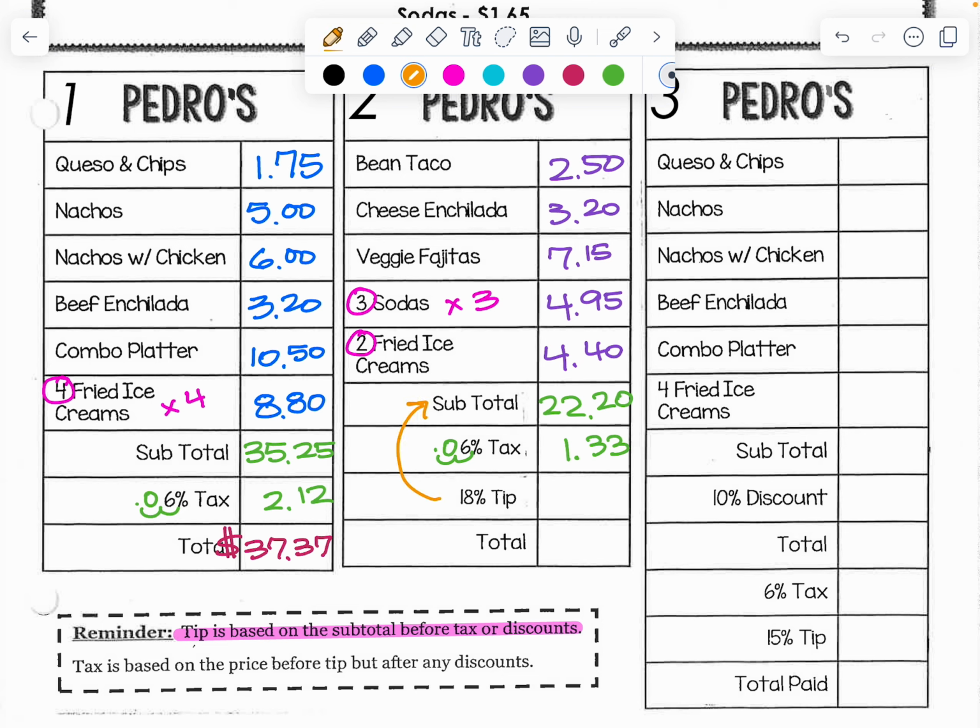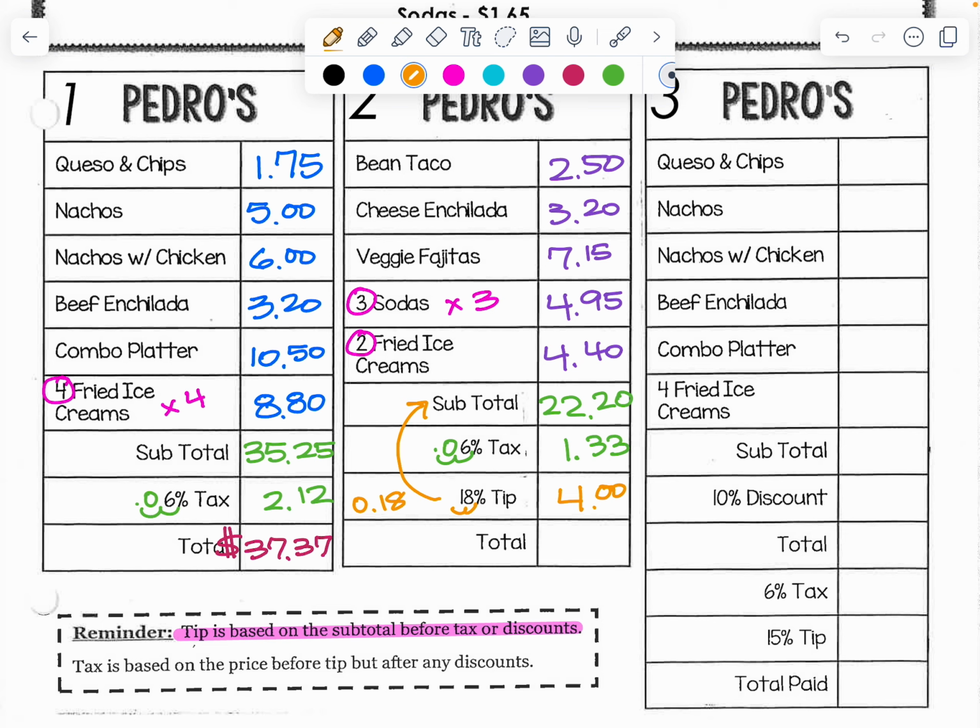Okay? So once again, we're going to change 18 to a decimal. Boop, boop. There it is. You'd have 0.18. We're going to multiply that on the subtotal. All right, that would be, we're going to tip them $4. That took some rounding, didn't it?